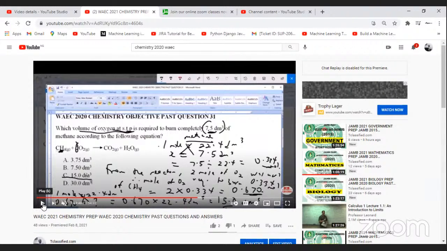Then I did 1 mole of methane gives 2 moles of oxygen, and I cross multiplied and got 15 mole per dm³ as my answer.